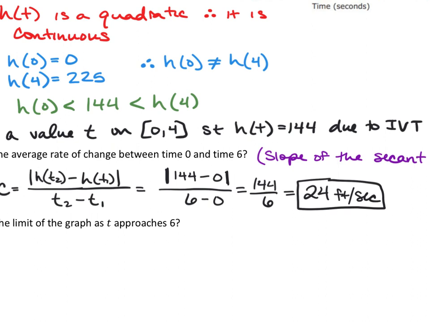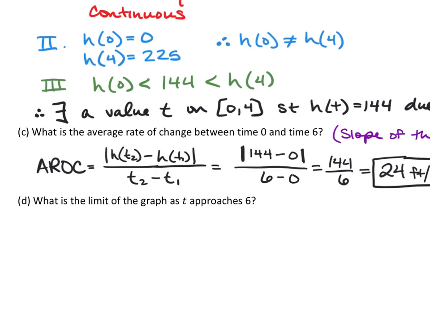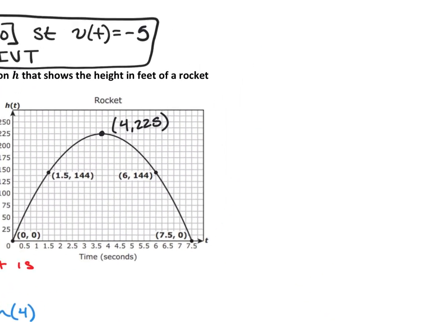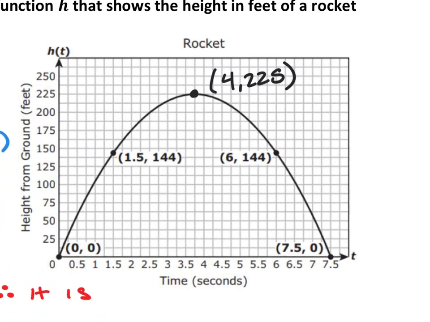One more review question. It says, what is the limit of the graph as t approaches 6? So if we go look at 6, for a limit to exist, it has to be the same on the left and the right. What's the limit as we get close to 6 on the left side? 144.